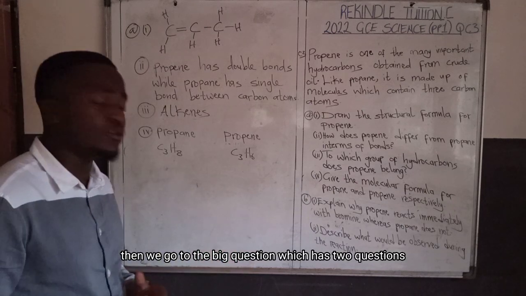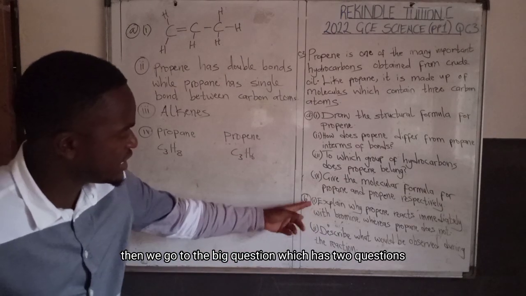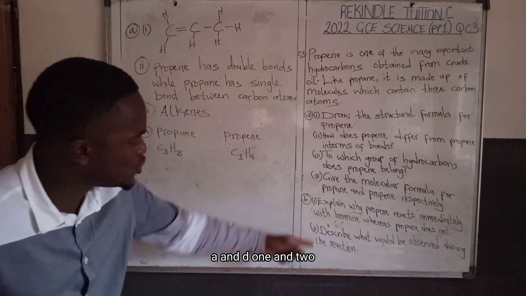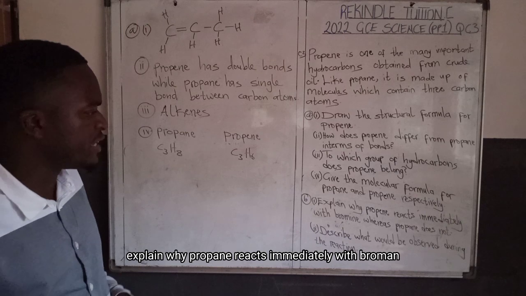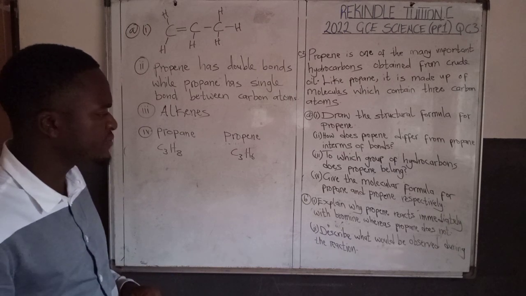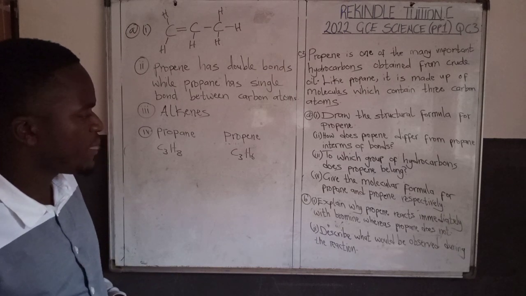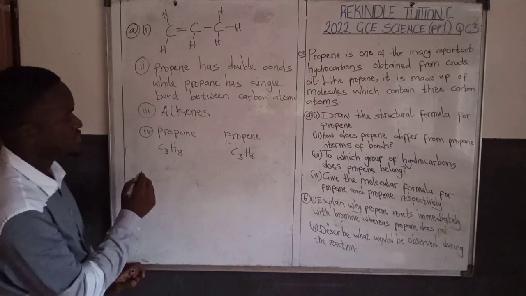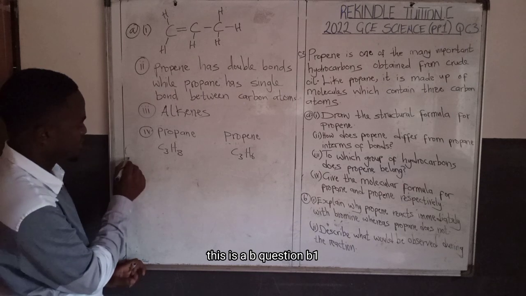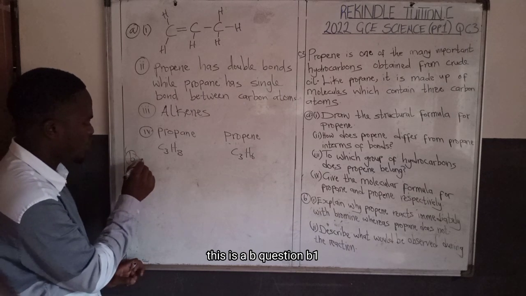Then we go to the B question. B has 2 questions, A and B, 1 and 2. So explain why propene reacts immediately with bromine, whereas propane does not. Okay, this is B, question B1.